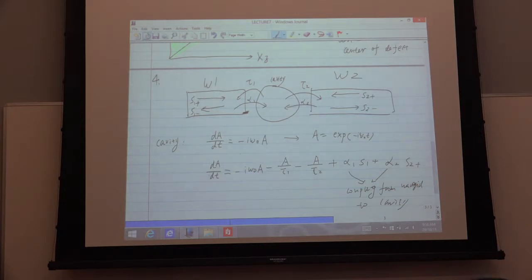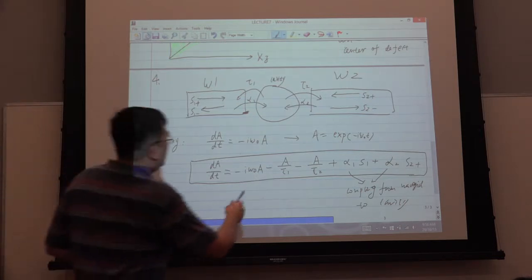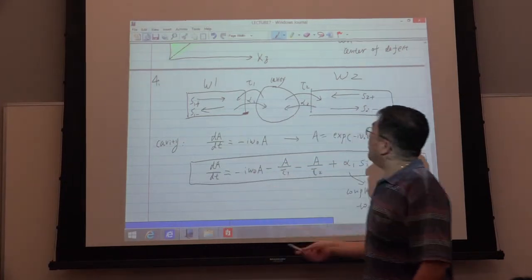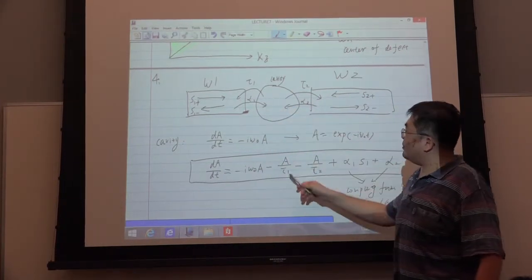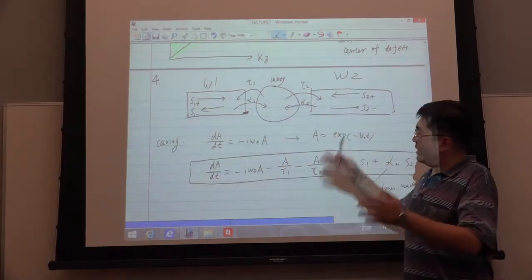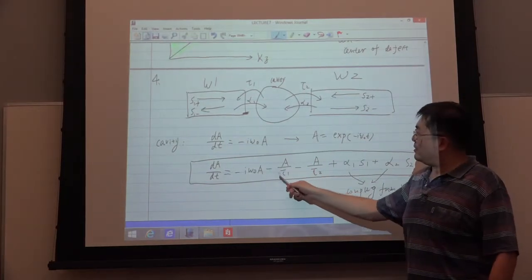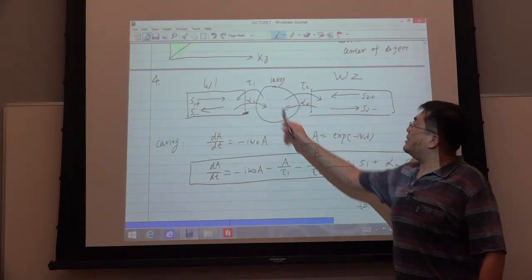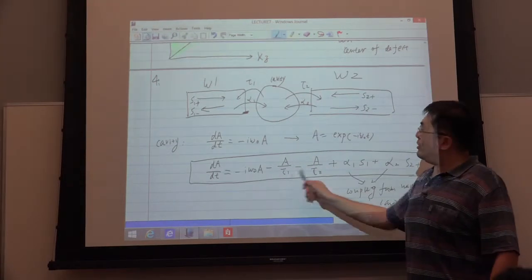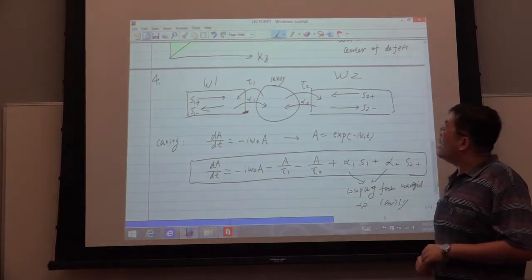Okay. So this is the first equation, first Gaussian equation. The first term has a harmonic oscillator, so there's an i omega 0 term. When the cavity is coupled to the waveguide, it will decay, and the decay is tau 1, tau 2.